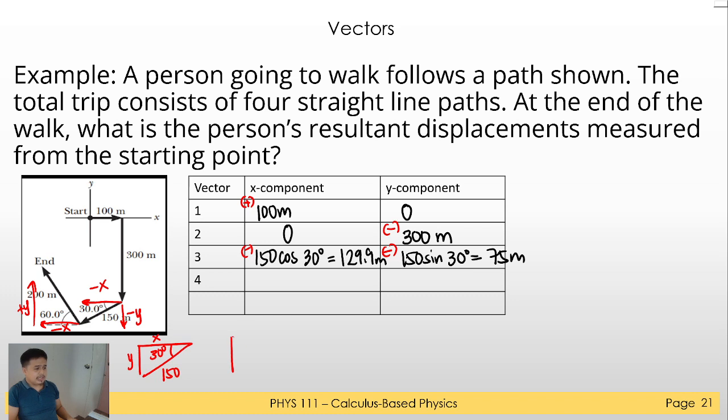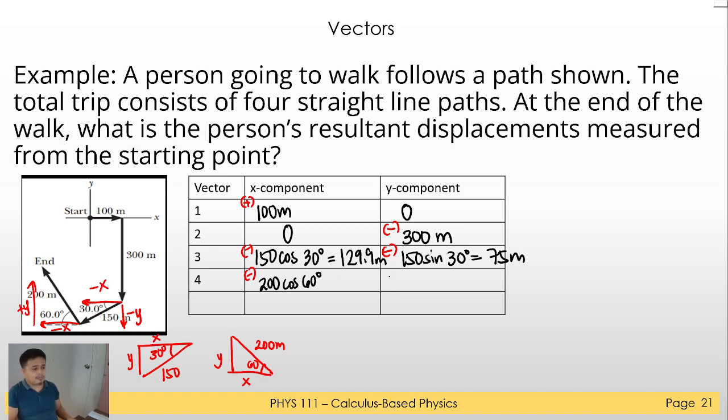Using this triangle, we have a radius of 200 meters, angle of 60 degrees, and then x and y. For the x component, we have cosine 60 degrees and the radius 200. The sign should be negative since it is towards the left.